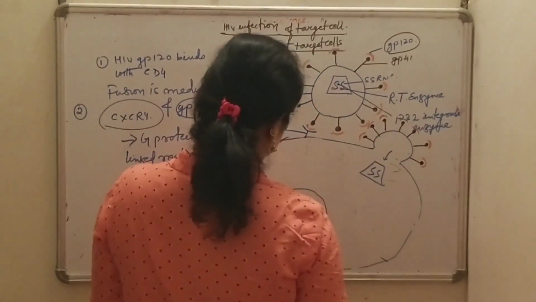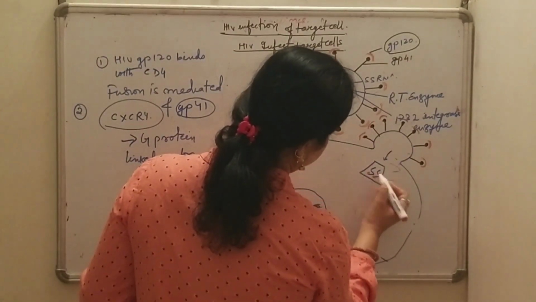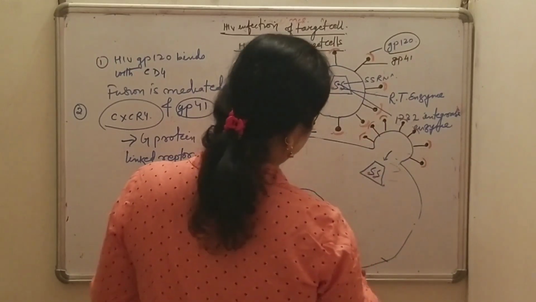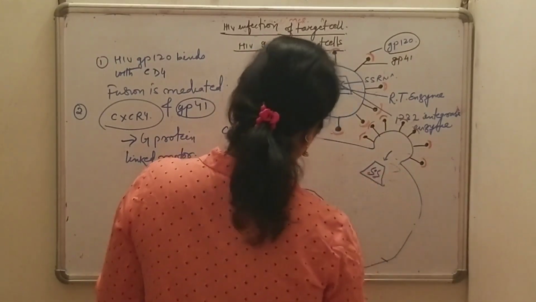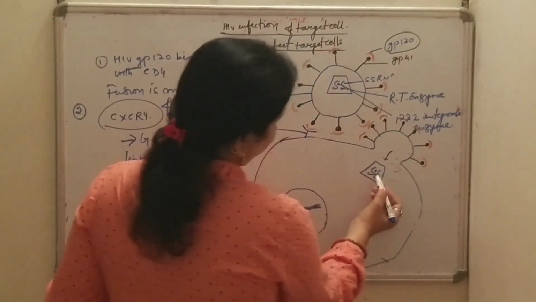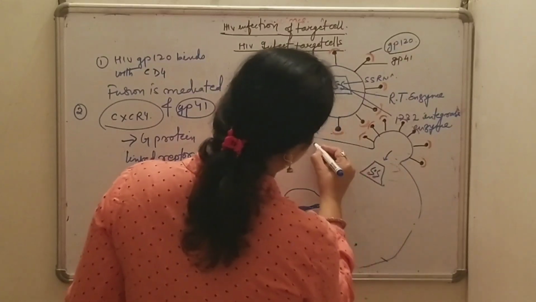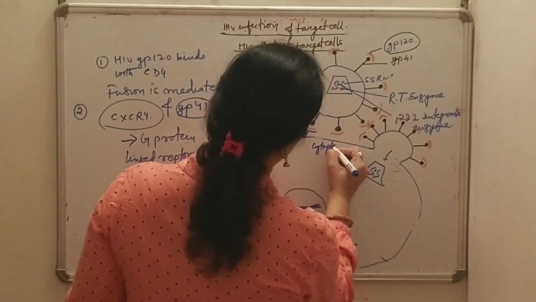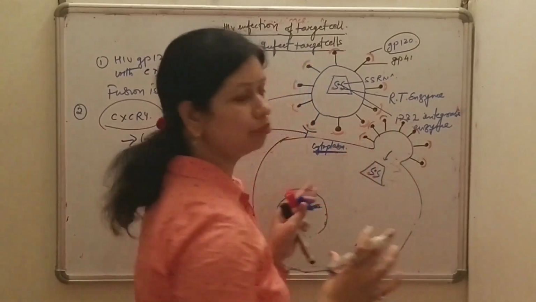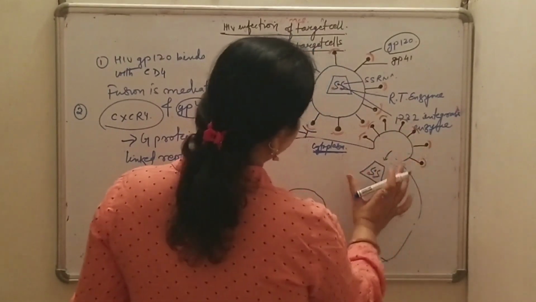This is the reverse transcriptase enzyme. This is the integrase enzyme. So this nucleocapsid containing genome and enzymes enters into the cytoplasm of the cell. Following the removal of core protein, here the core protein has been removed.